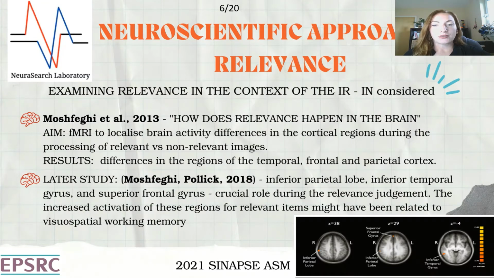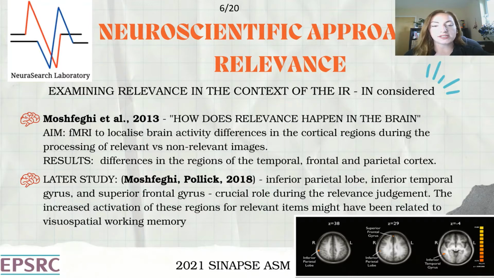Now I'll be talking about neuroscientific approaches to relevance, and the first study that utilized neuroscience was a study of Moshfeghi and colleagues who wanted to understand how relevance happens in the brain. They used fMRI to localize brain activity differences in the cortical regions during the processing of relevant versus non-relevant images.